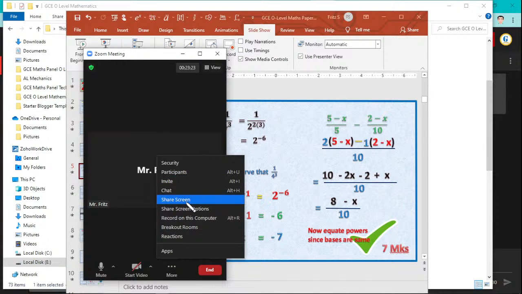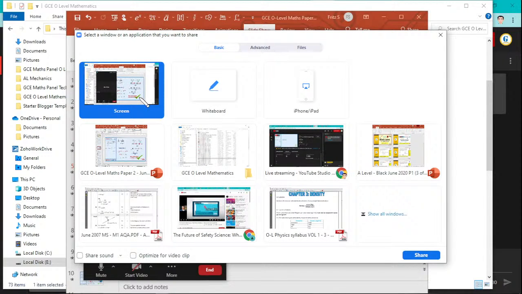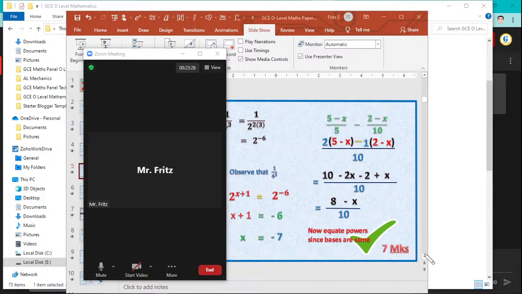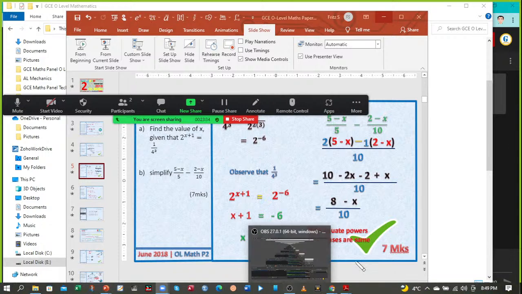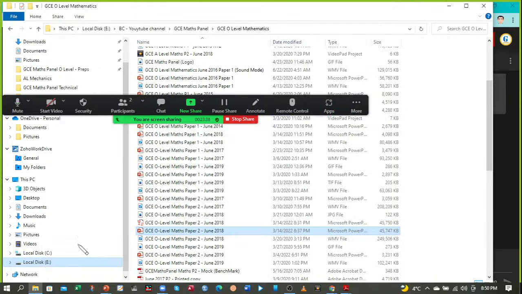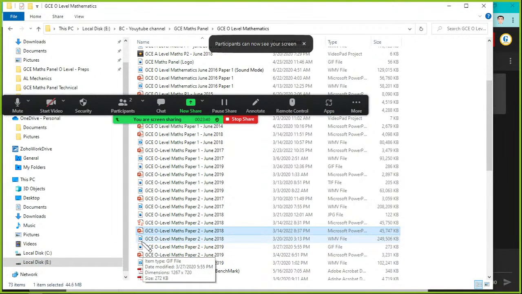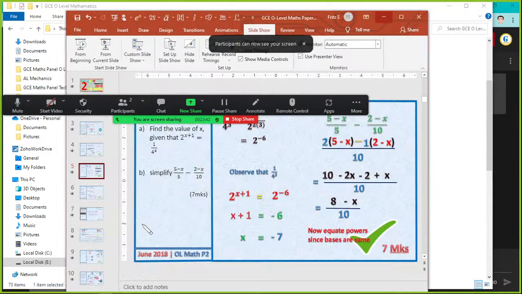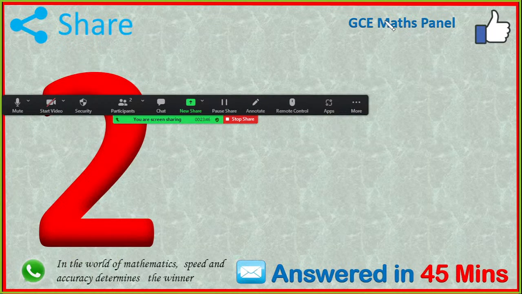Oh my god. I hope you can see it now. Yes, I can see it now. Yes, it's visible now.